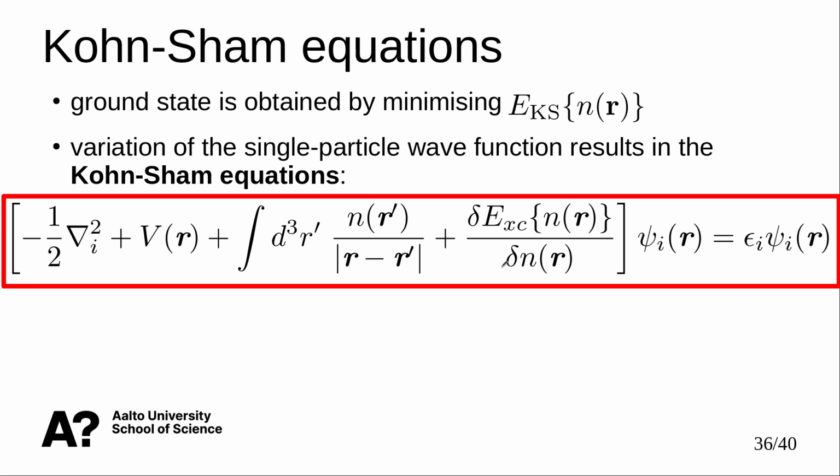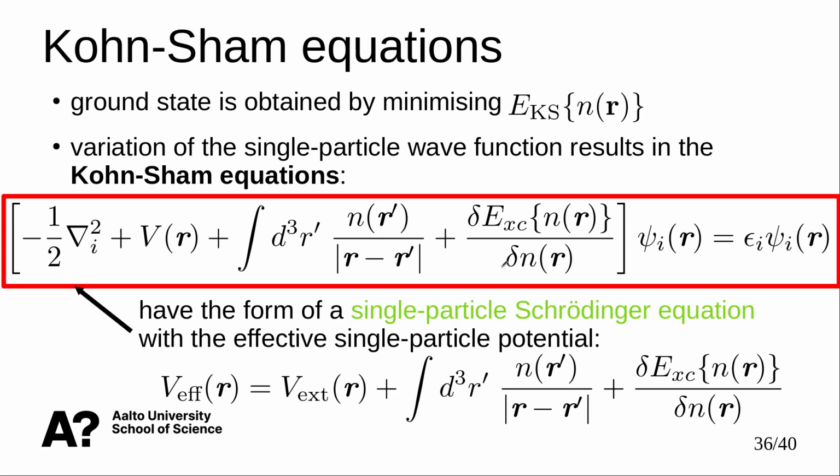And that's basically a single particle Schrödinger equation with an effective single particle potential, right? The term in brackets is our Hamiltonian. That's our wave function. That's our eigenvalue, and that's the wave function again. And now the wave function is a single particle wave function. So that equation looks exactly like the Schrödinger equation, but for a single particle.